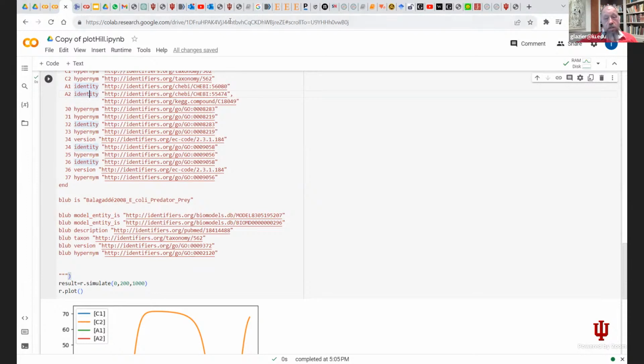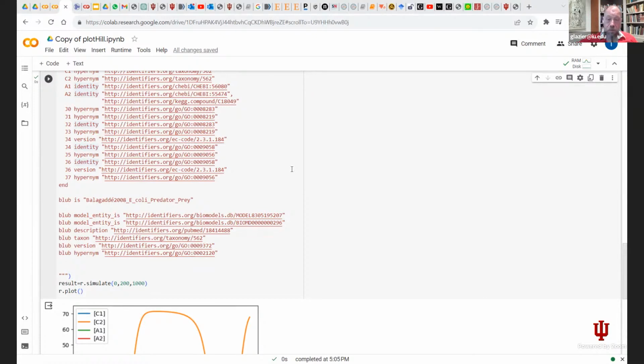This isn't going to change how the model runs. This is essentially metadata that would help somebody if you published the model and somebody were doing a search in Google or elsewhere, and you wanted this to pop up when they searched that particular concept; this would allow that to happen. Or if somebody were looking at the model and they wanted to know, what did you mean when you said this?